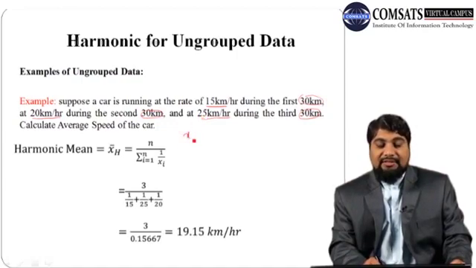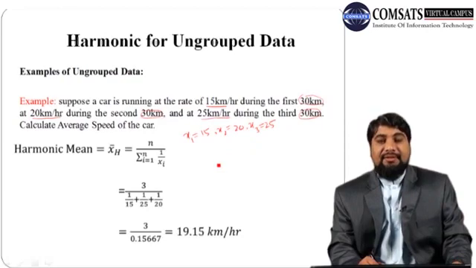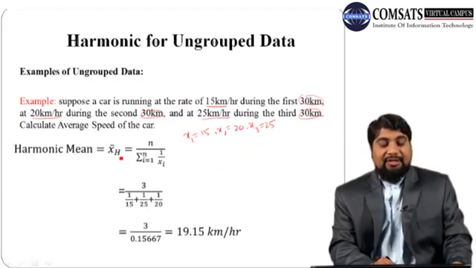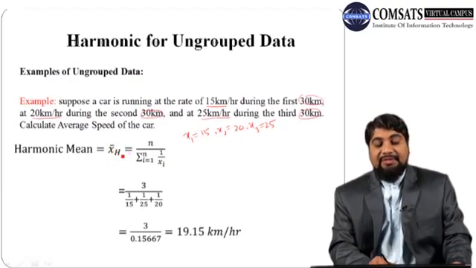So we can say that x1 is 15 km per hour, x2 is 20 km per hour, and x3 is 25 km per hour. We are interested in calculating the harmonic mean. So the harmonic mean x bar h is n over the summation of 1 over xi, where i ranges from 1 to n.